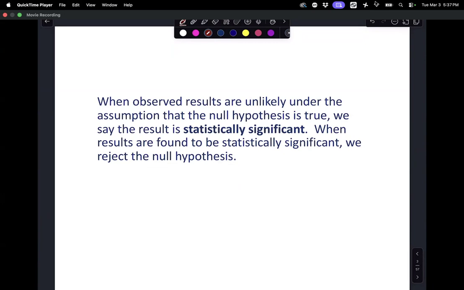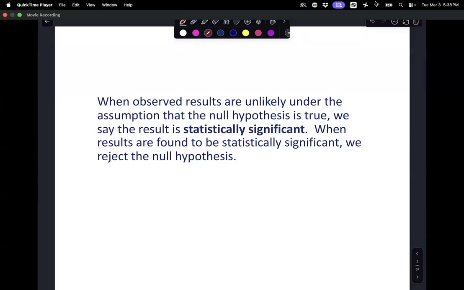So if I get a result like 53.4% rather than 50%, and it's determined that the probability of getting that result is too small for my hypothesis of 50% to be true, then we say it's statistically significant and we reject the null hypothesis. I'm going to get to some specifics with numbers in a minute.